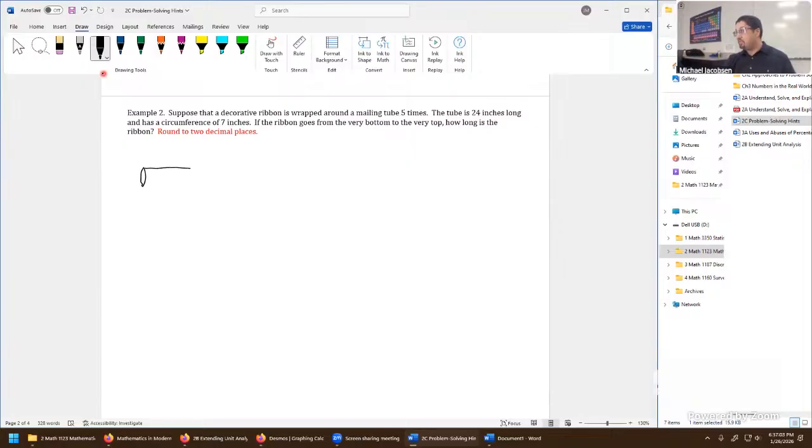Here's that mailing tube. We're told it's going to be 24 inches long. So going this way, I'll think of this as 24 inches. It's not going to be perfectly drawn to scale, so we'll use our imagination as needed. We're also told it has a circumference of 7 inches.